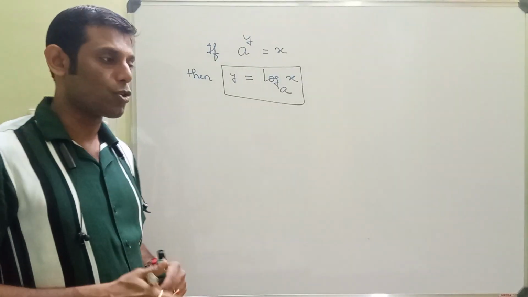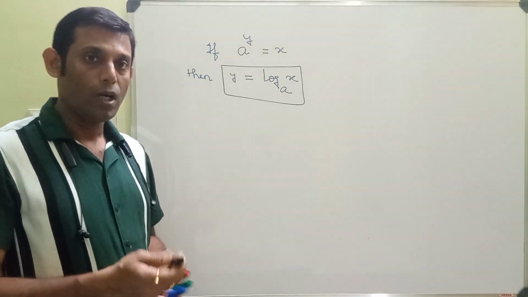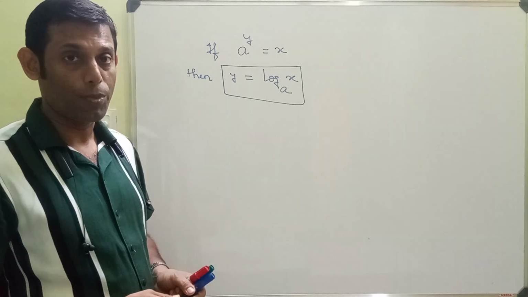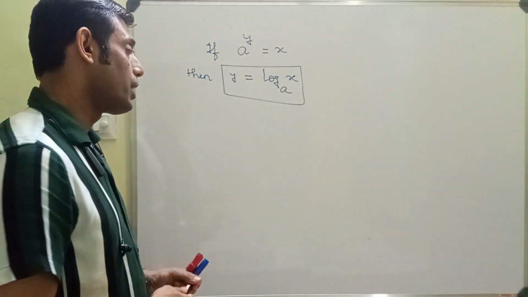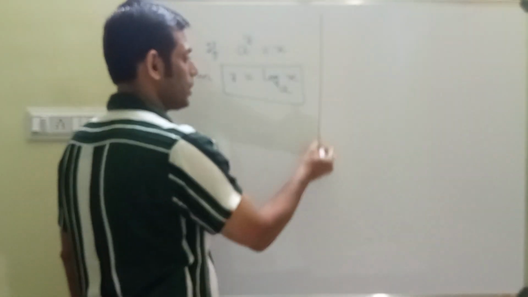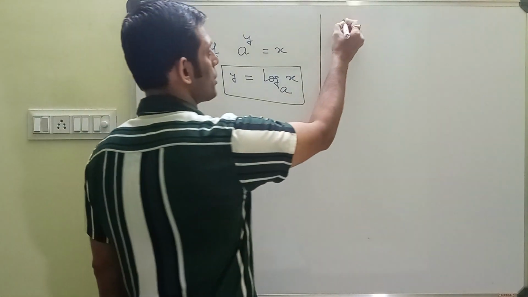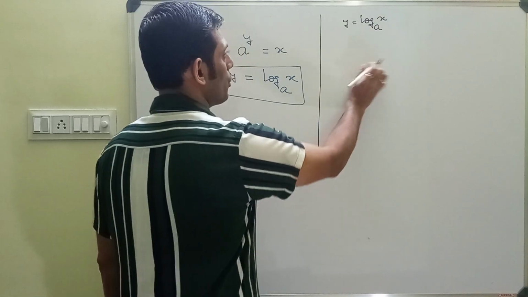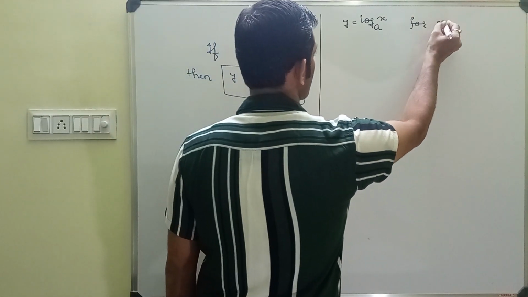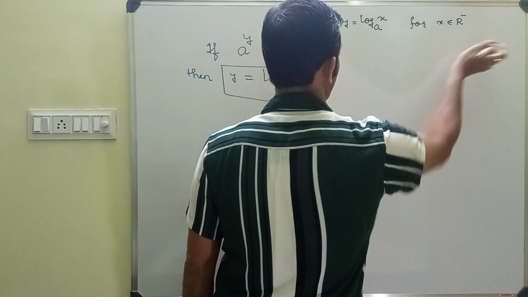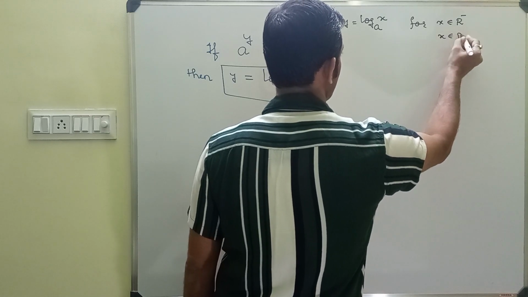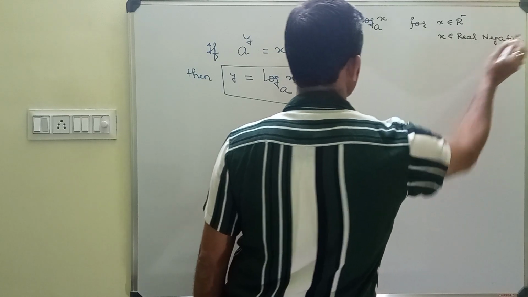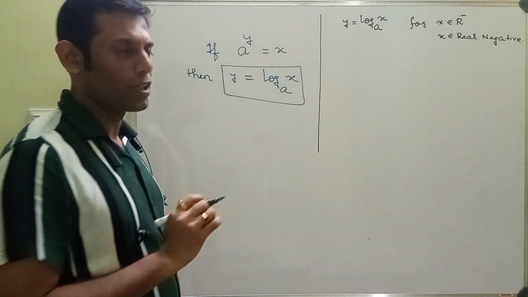Now, this particular operator of log has some basic limitations of operation. To begin with, let's test this operator working on numbers. On what numbers can this log operator operate? Can it operate on negative numbers? So let us try. Let's say we are trying the log operator, y is equal to log x base a, for x an element of the negative reals.